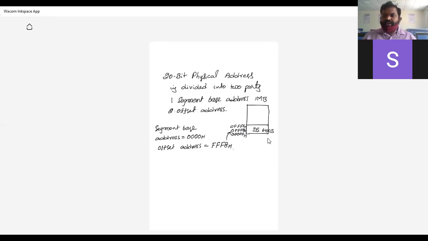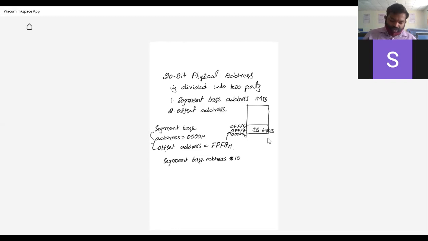Now I want the 20-bit physical address for these two combinations. What we have to do is, segment base address multiplied with 10.